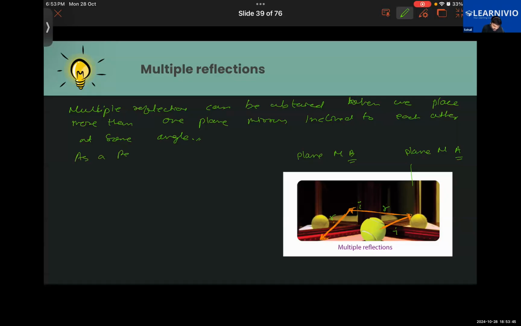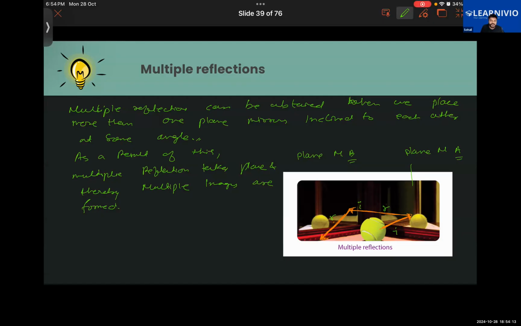As a result of this, multiple reflection takes place, and thereby multiple images are formed. Hope that much should be clear.